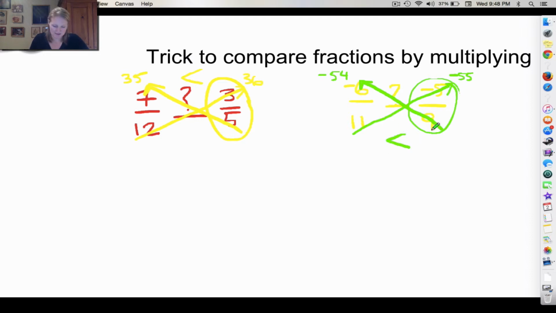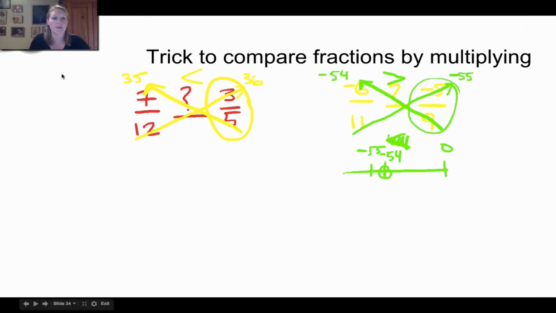But the right side is, no. The right side, we're dealing with negatives. Gosh, thank goodness I looked at my notes there. We're dealing with negatives. So negative 54 is actually a larger number than negative 55. Sorry about that. Right, because on the number line, here's 0, here's negative 55, here's negative 54. So this is a larger number. Whew, thank goodness we caught that.